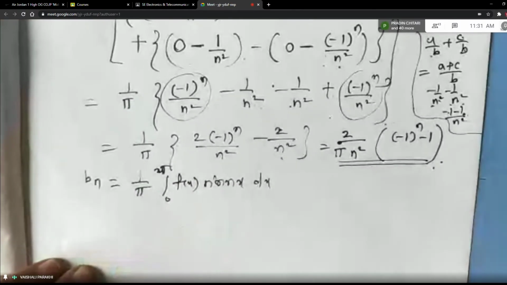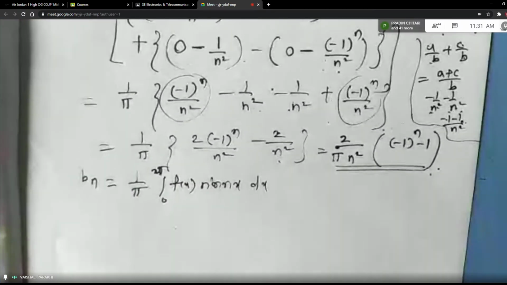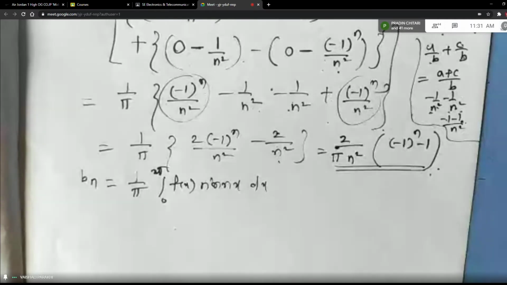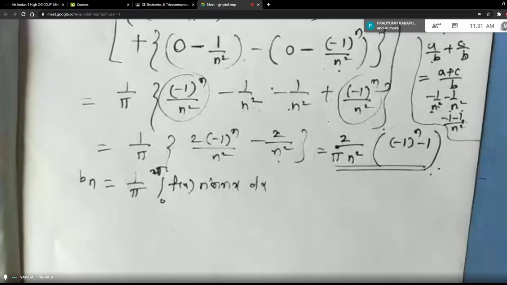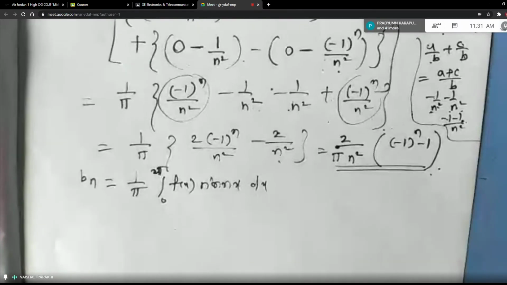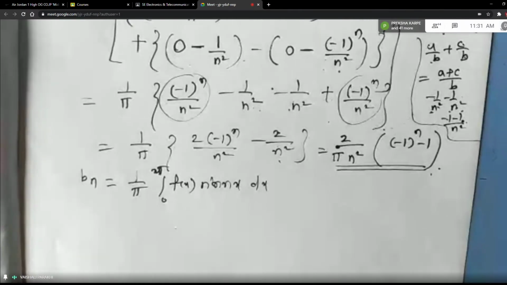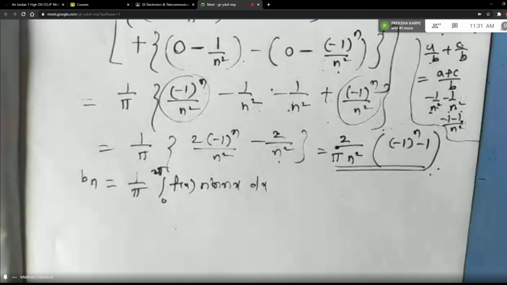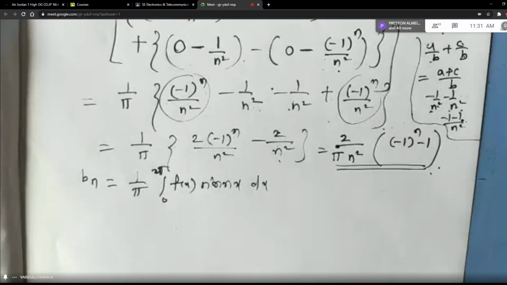Okay, correct. So see students, now again splitting. I want somebody to tell me the splitting here. Can you tell the splitting of these integrals, Anirudh? Anirudh, can you hear me?